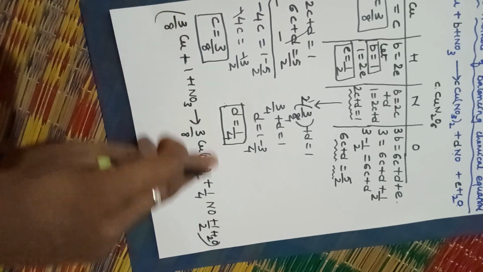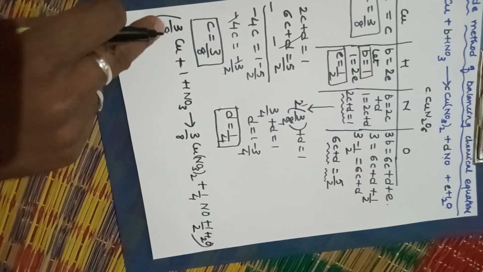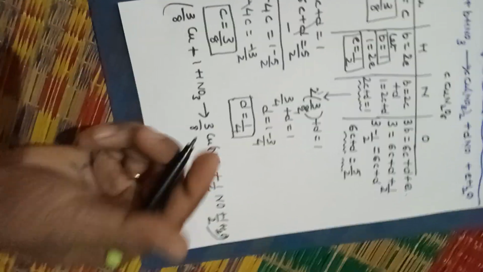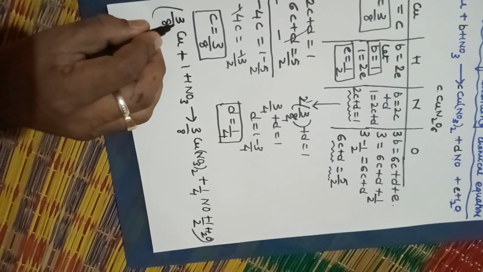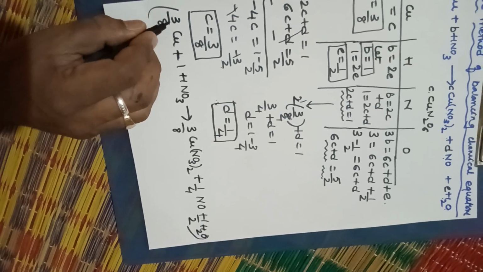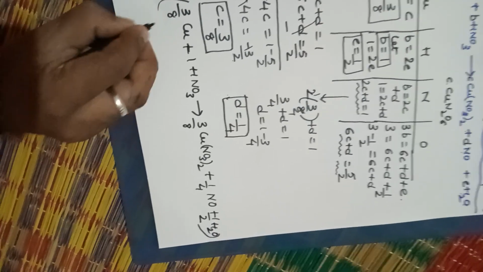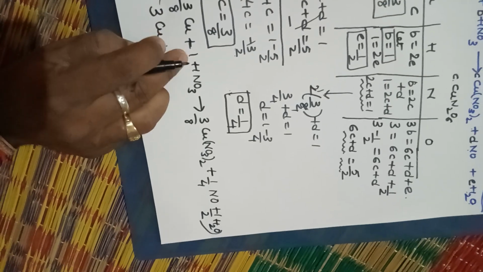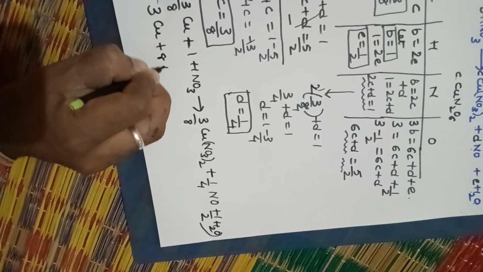If I multiply this entire equation by the greatest denominator, in this case 8, I shall get every coefficient as a whole number. So 3/8 into 8, the 8s cancel each other, and I'll be left with 3Cu. If I multiply this by 8, it will become 8HNO3.